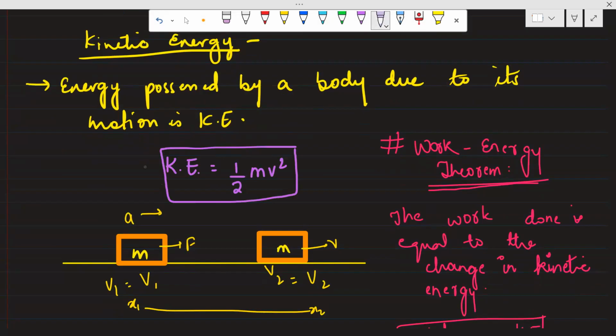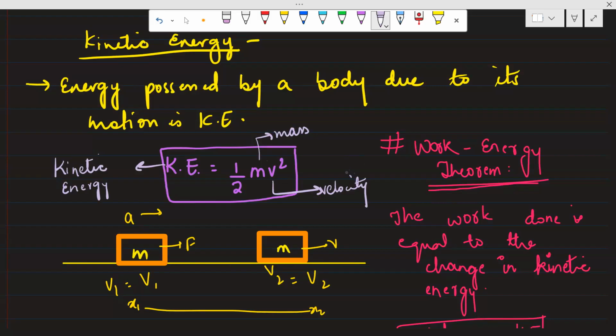Here E means kinetic energy, half is there, m means the mass, while v means the velocity. About the kinetic energy theorem right now, just focus on kinetic energy's basic formula: half into mass into square of velocity.